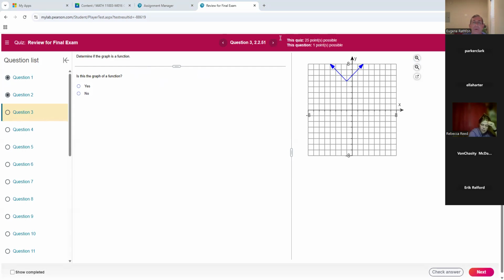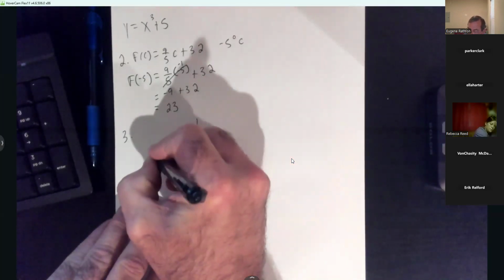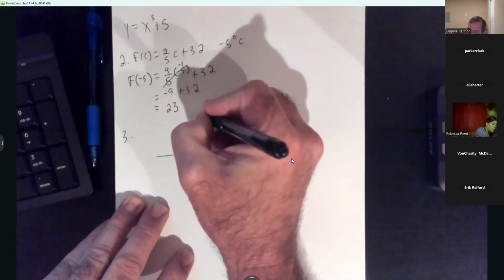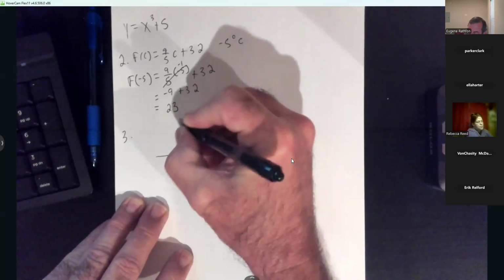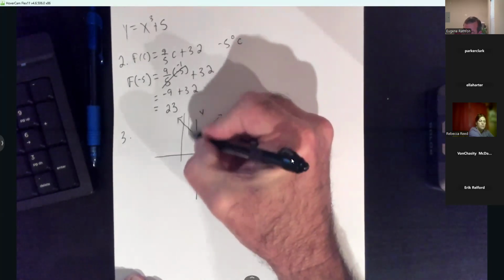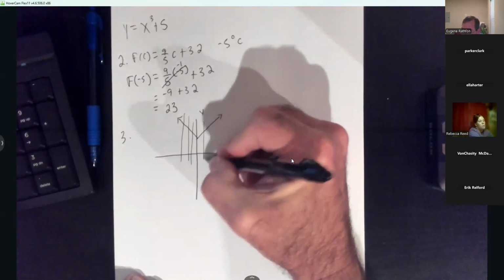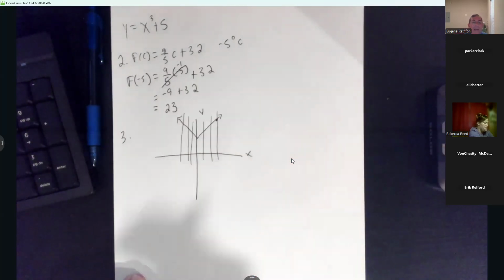So let me do this one on paper for y'all. All right, so I basically have my graph here. And that graph was sort of up like this. So come in and draw vertical lines. And y'all, no matter where I draw vertical lines on that, it's only intersecting one time.